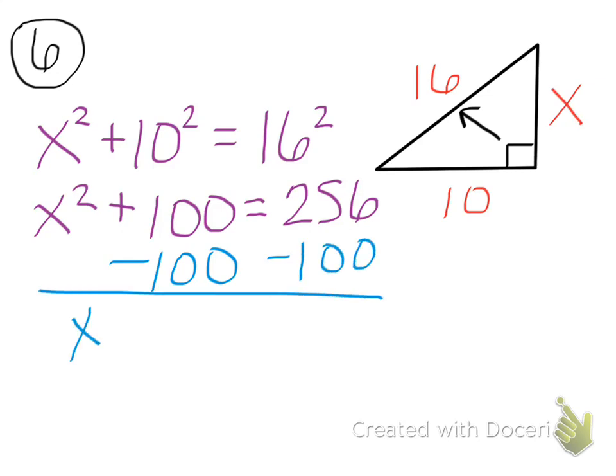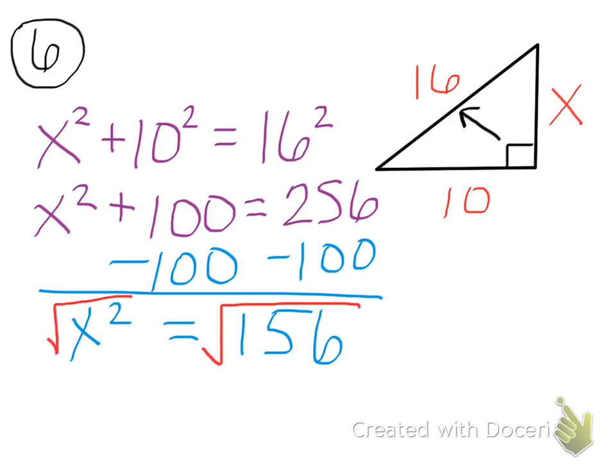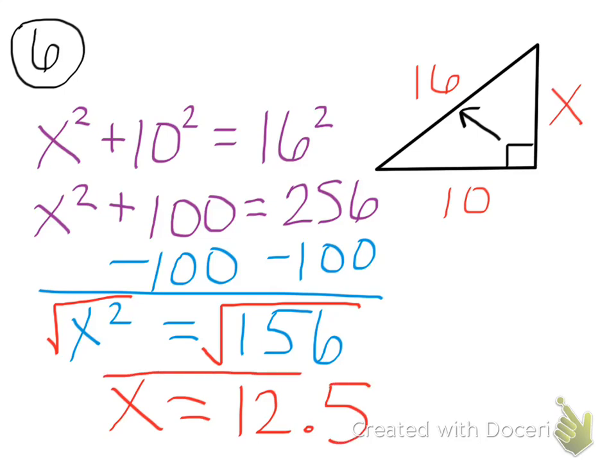And we're going to get x squared is equal to 156. And then to get rid of the squared, we're going to take the square root on both sides. And we get x is equal to, rounding to the tenths place, 12 point, and the 8 is going to tell us to round up, so it's going to be 12.5. And that is our answer.